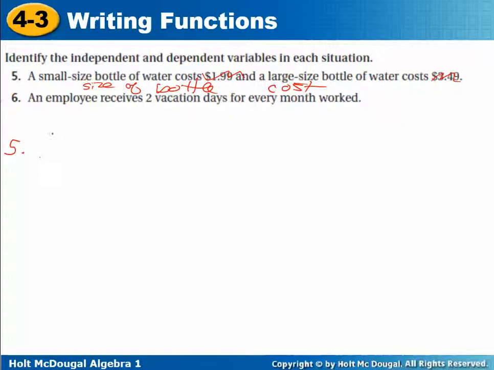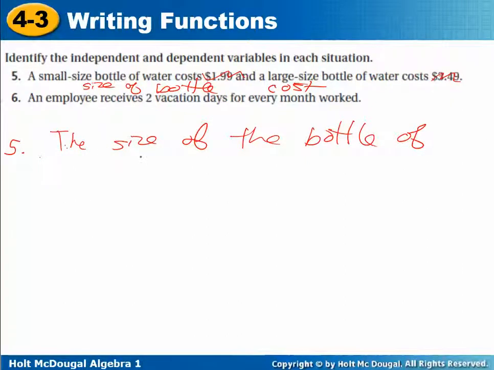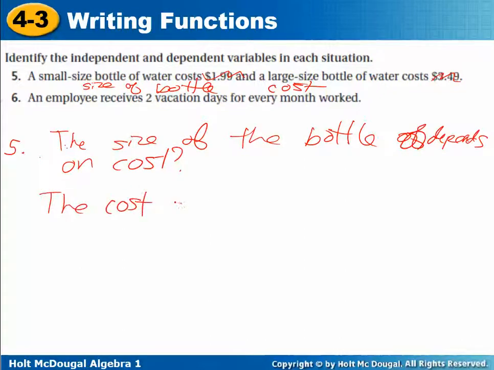So would you say that the size of the bottle depends on the cost? That means that the cost was picked first. Does that make sense? Or does it make more sense to say the cost of your bottle of water depends on the size?